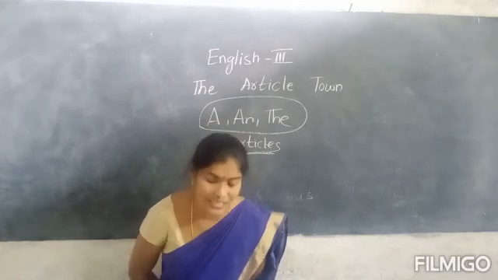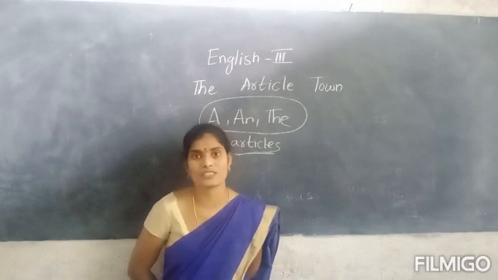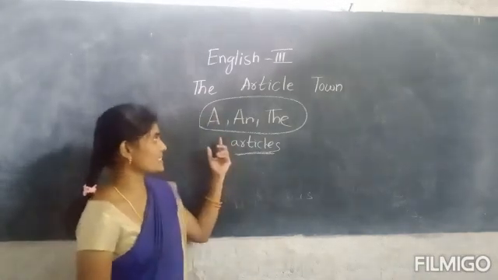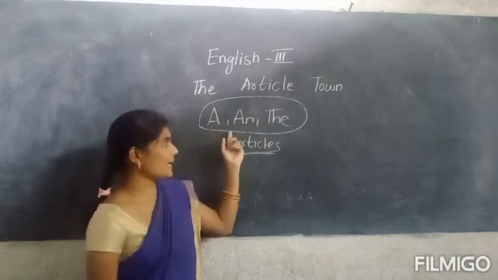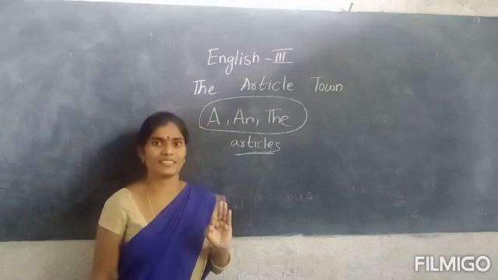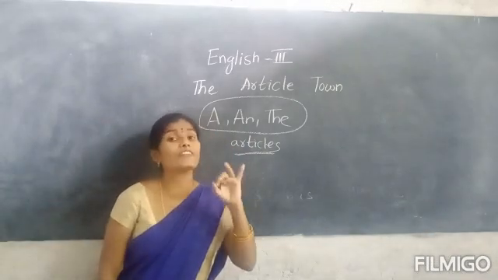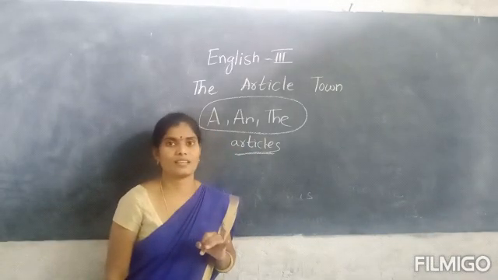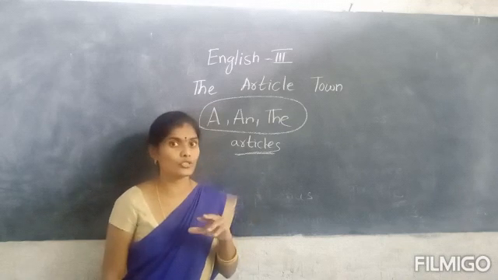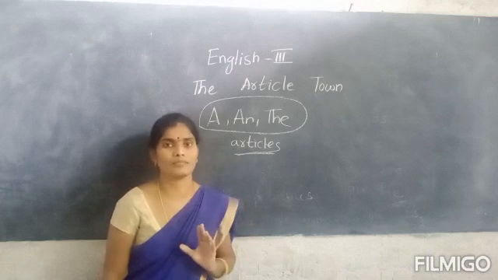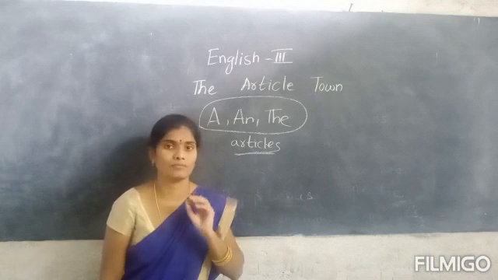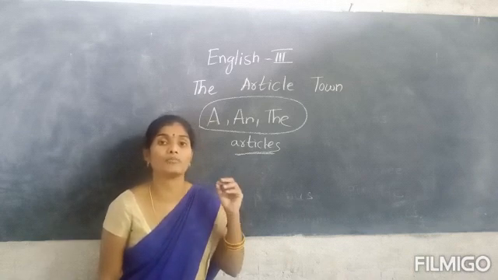Each of us appears at different times. Amma, all don't come at once. Each of us means A, an and the. We are three. We will come in different cases. A comes sometimes, an comes sometimes, the comes sometimes. Special timings are there for the articles to come.